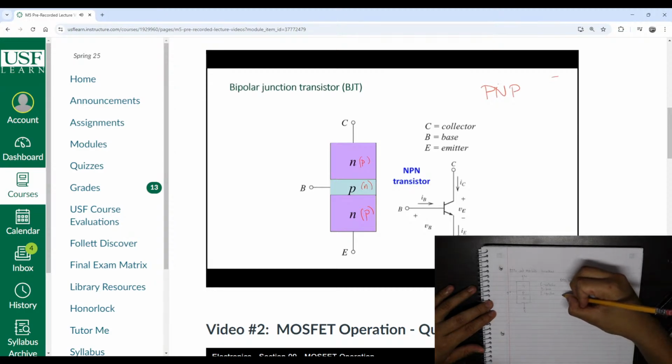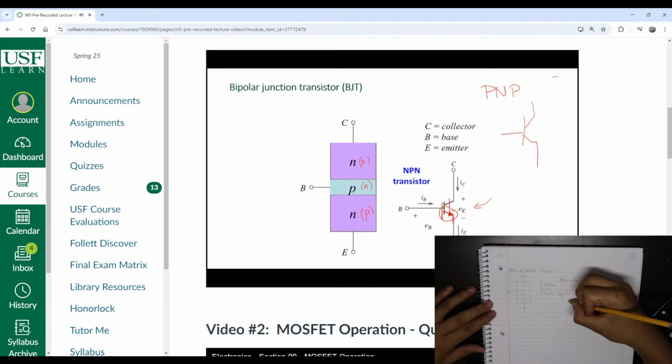The way we distinguish the NPN from the PNP is the symbols are similar, but the difference between the 2 symbols is the direction of this arrow. For the NPN, it points towards the emitter. For the PNP, it points towards the base.